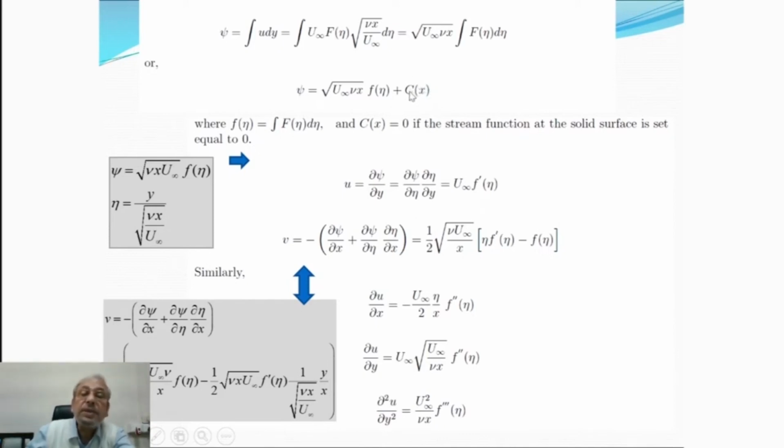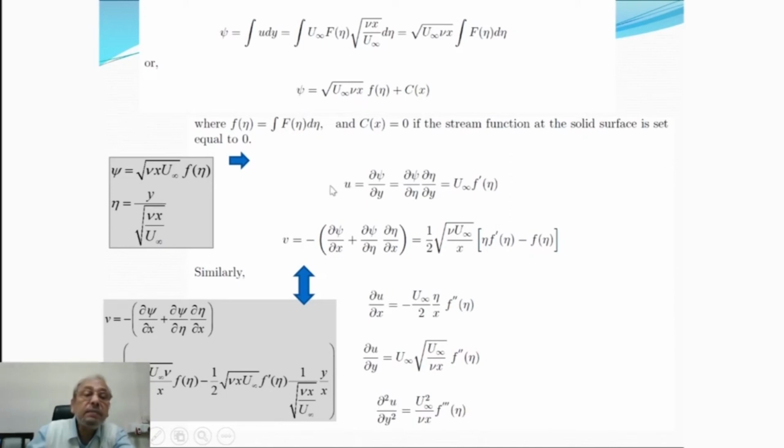If Cx becomes 0, we can write psi equal to root over nu x into u infinity f of eta, and eta is as usual y by root over nu x by u infinity.